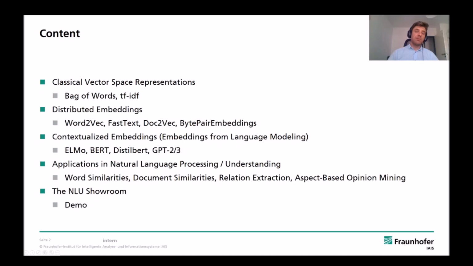Then we're going to look into BERT, which is based on transformers, and a modification, which is DistilBERT, which is also more resource-friendly, but we have to use resource-friendly in quotation marks here. Lastly, we're going to look into GPT-3, which is a monster transformer. It uses billions of parameters and set the state of the art in language modeling. In order to understand GPT-3, we're going to look at GPT-2 first.